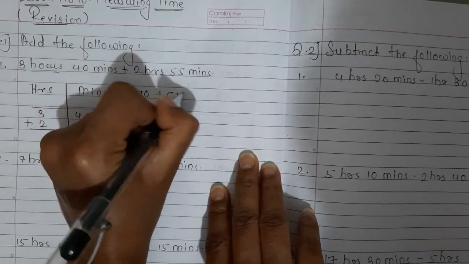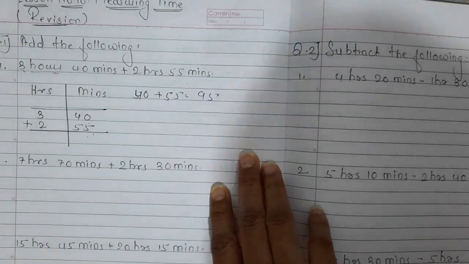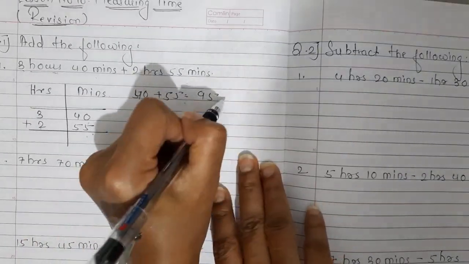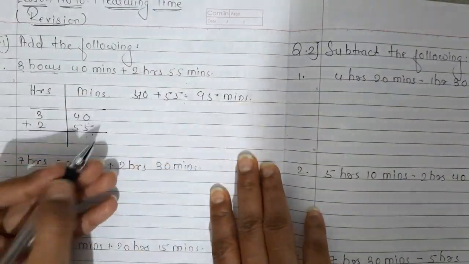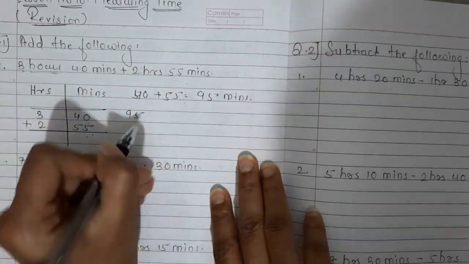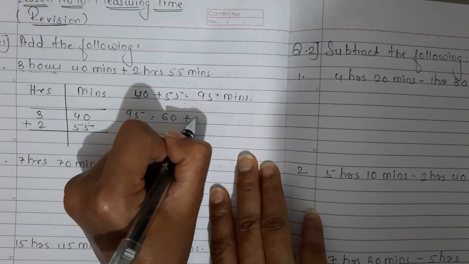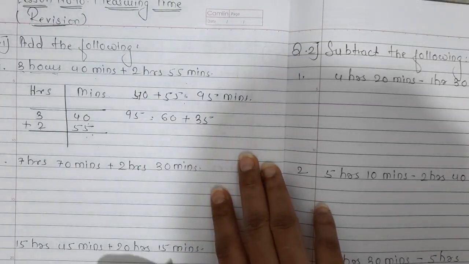40 plus 55 is 95 minutes. Now 95 minutes means 60 minutes plus 35 minutes.